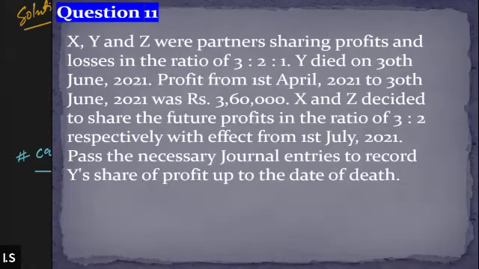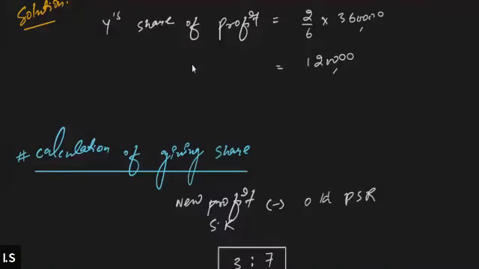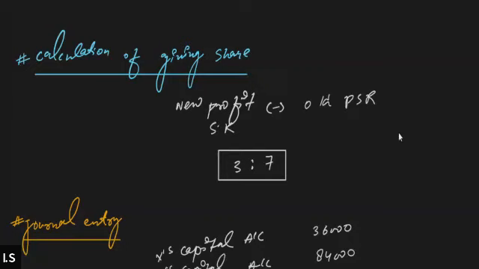Just a minute. See, this is how we will determine Y's share of profit: 2 by 6 into 3,60,000. We will get Y's share of profit as 1,20,000. Since the old partners are willing to continue and they are changing the PSR, we will have to determine the gaining and sacrificing ratio and accordingly pass the journal entry.